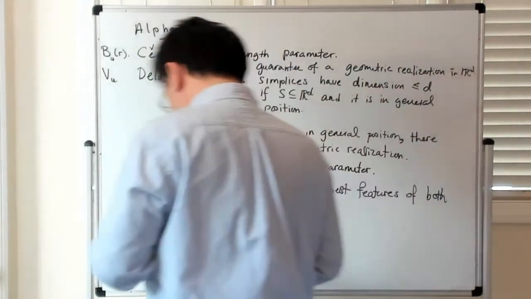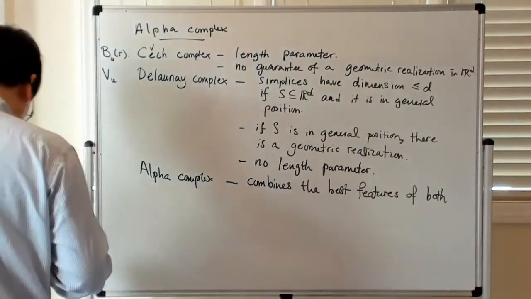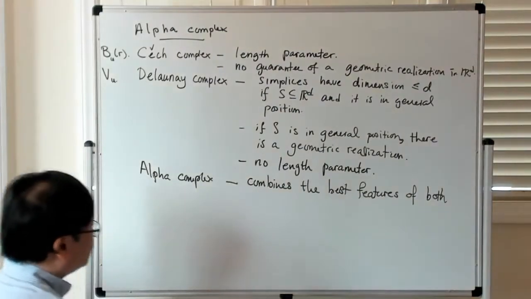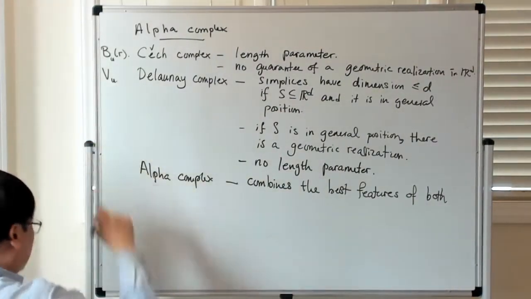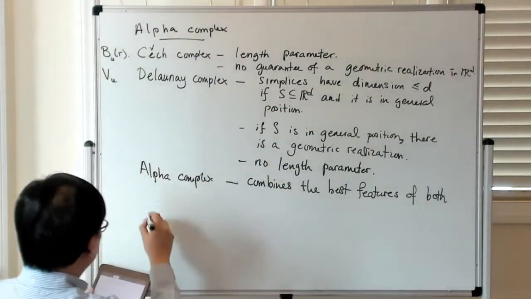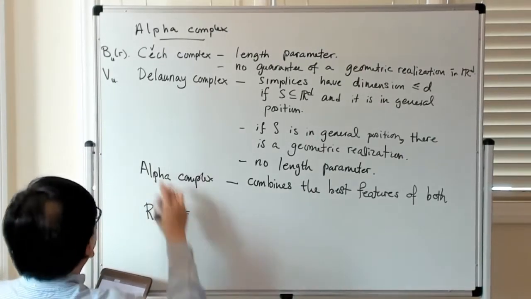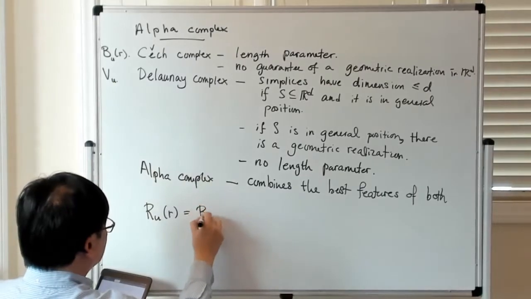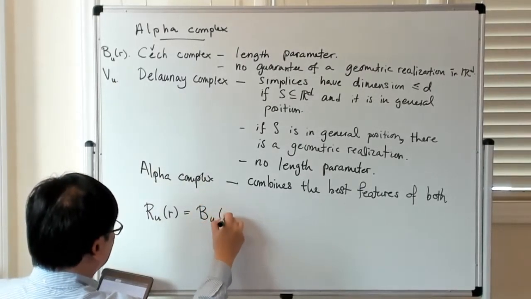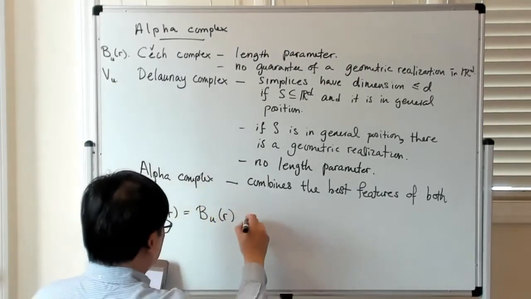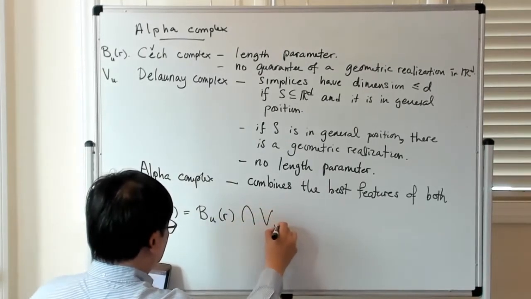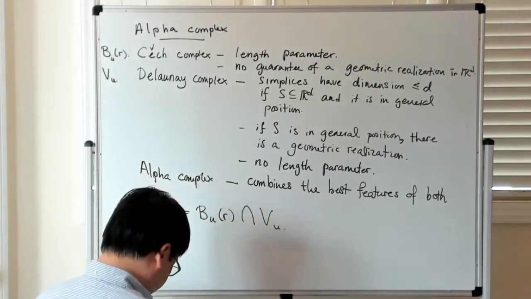We're going to introduce a new set of sets, which we'll call R_u(r). It's the intersection of the ball of radius r about the point u with the Voronoi cell associated with the point u.